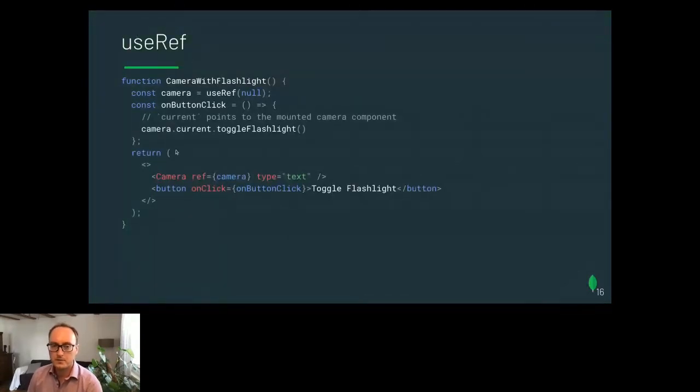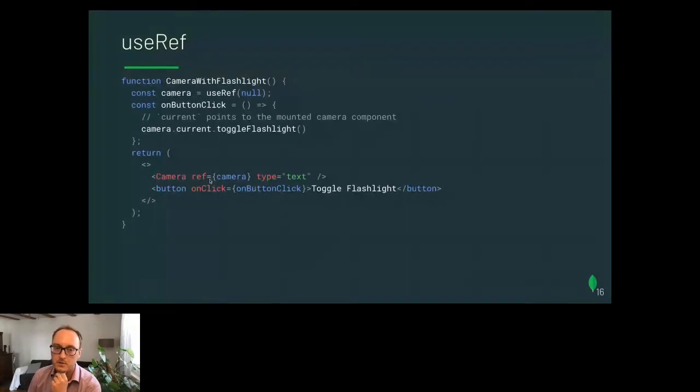useRef is also quite useful in React Native. React Native sometimes has components that take advantage of native features on your device, for instance, the camera. With a camera component, there might be some functions you want to call on that component, and maybe you're not using properties to define that, but you actually have functions you can call, for example something that turns the flashlight on.